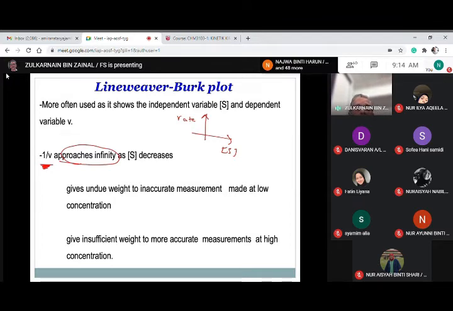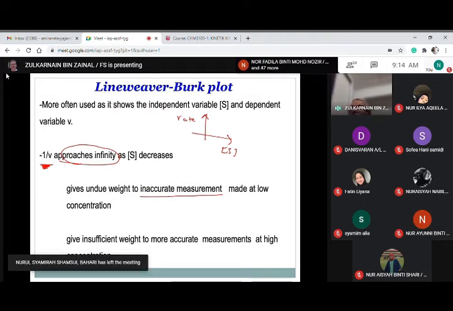This gives undue weight, and this is going to be an inaccurate measurement. So it is not good to use the Lineweaver-Burk plot at very low concentration. Okay, so it is not going to be accurate.